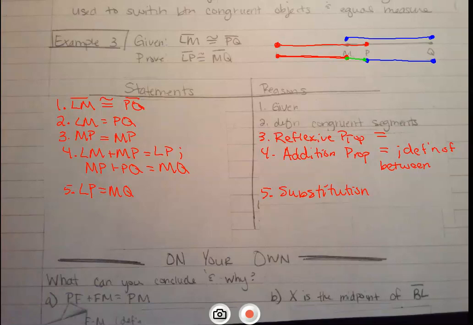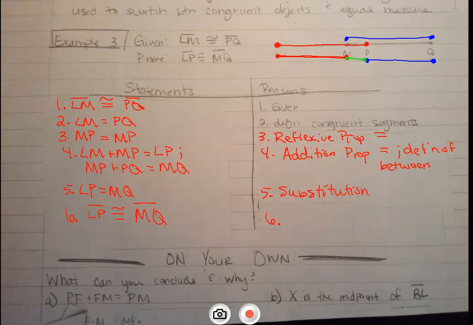So we're actually going to get this done in 6 and not 7. We kind of skipped a step that I think is okay to skip. So we would do segment LP is congruent to segment MQ. And what is the reason for that? Conclusion?